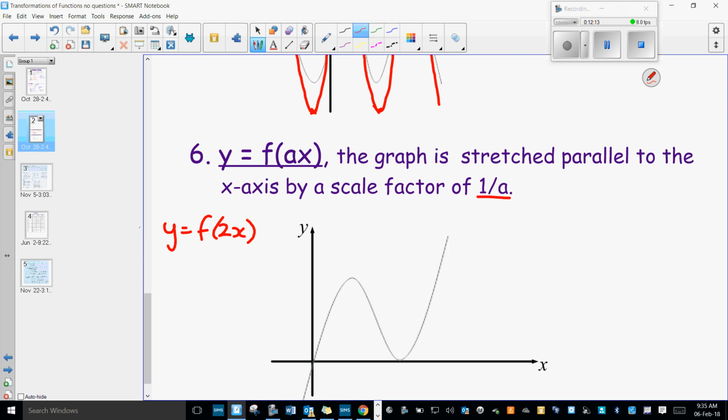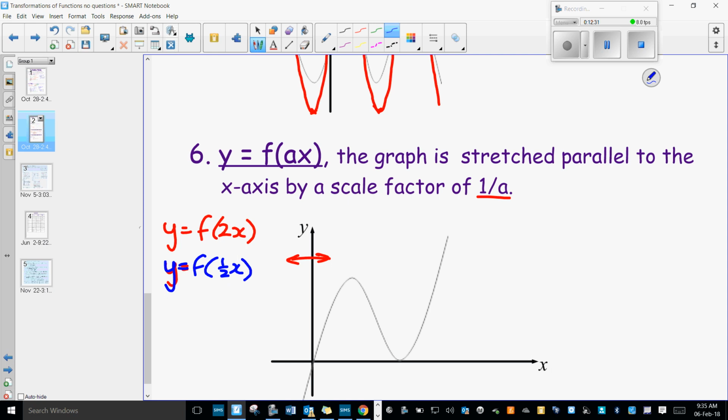In other words, it's going to be half the measurement it was before. If you have y equals f of a half x, then it's going to be double the width that it was before.